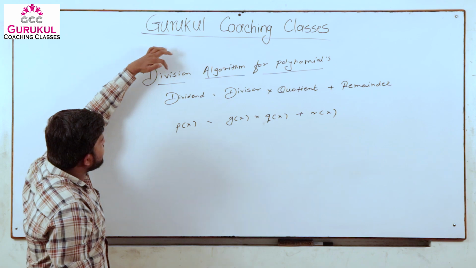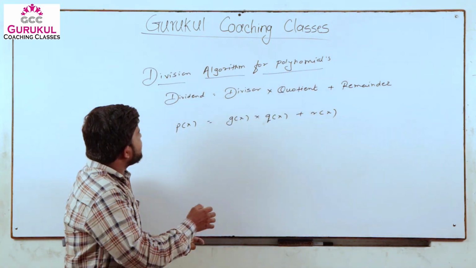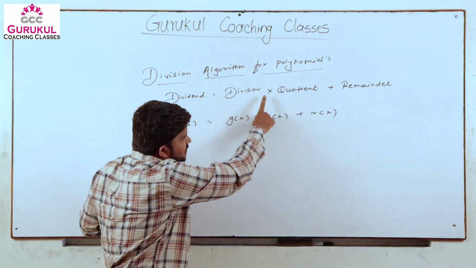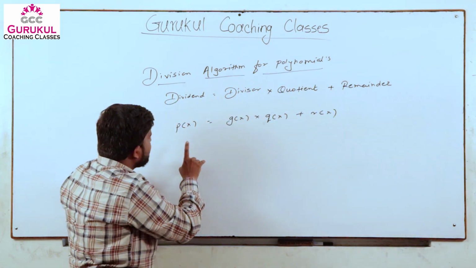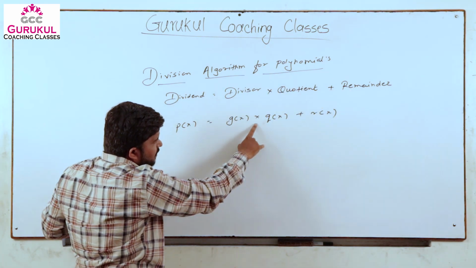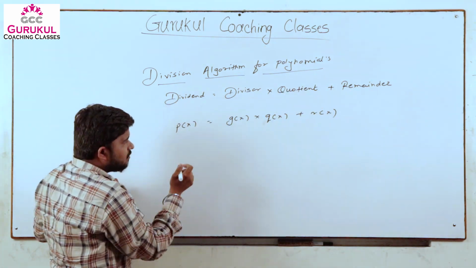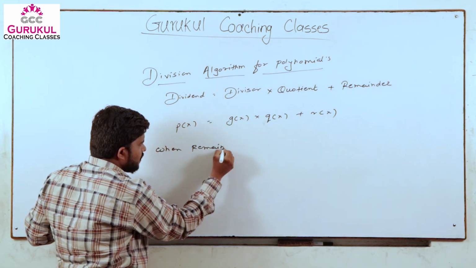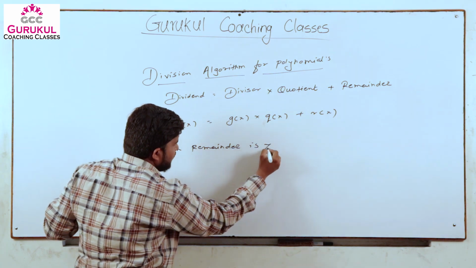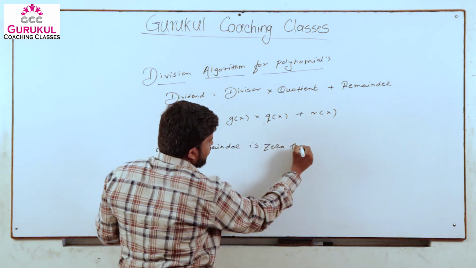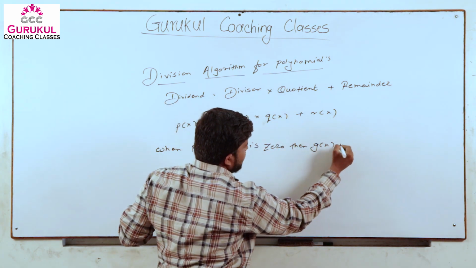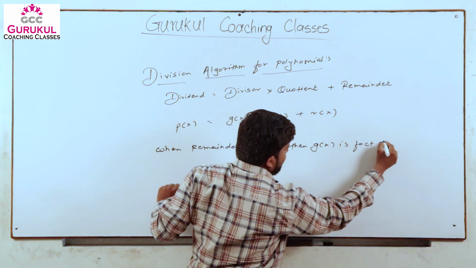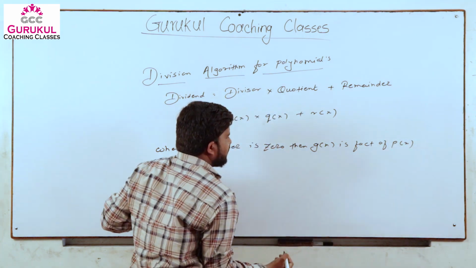Now next topic, division algorithm for polynomials. Dividend is equal to divisor into quotient plus remainder. P of x is equal to g of x into q of x plus r of x. When the remainder is 0, then g of x is a factor of p of x.